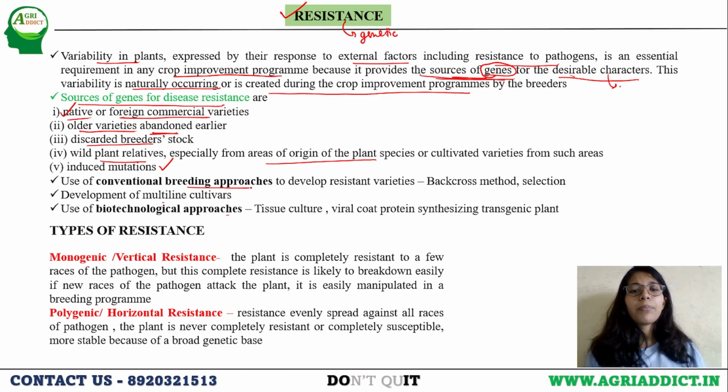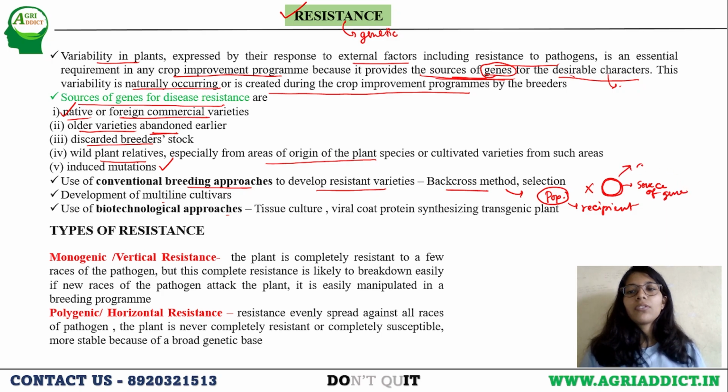The conventional breeding approach used to develop resistant varieties is the backcross method. In the backcross method, the popular variety that is under cultivation is used as the recipient, and it is crossed with any variety, which can be a wild relative or an older variety, that has the source of the desirable gene, the resistant gene.